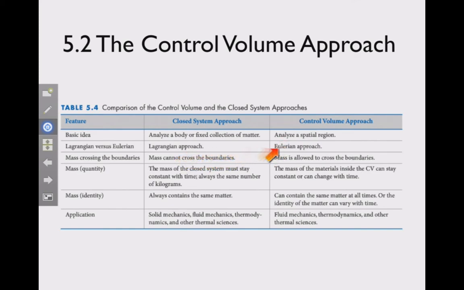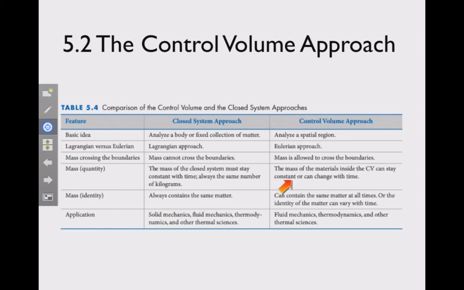This is Lagrangian versus Eulerian. Mass cannot cross the boundaries in a closed system, but it can in a control volume approach. The mass of the closed system must stay constant in time. Since we aren't allowing anything in or out, the mass has to remain constant in time.